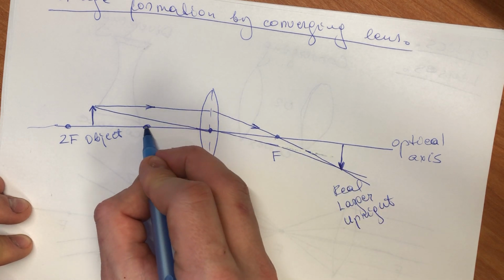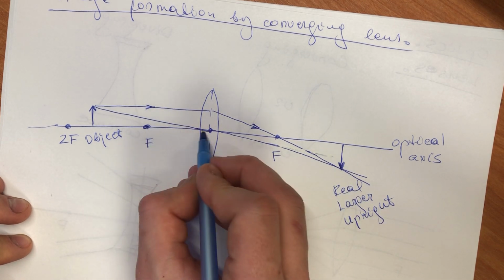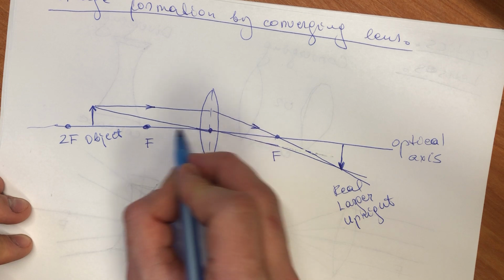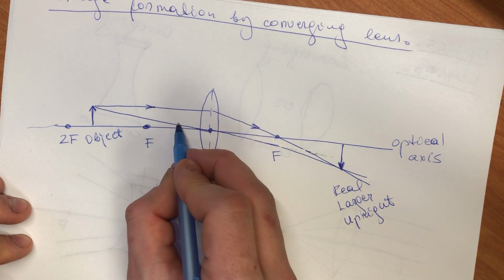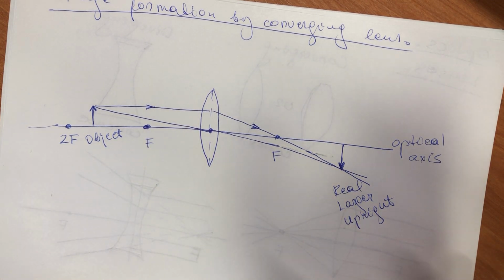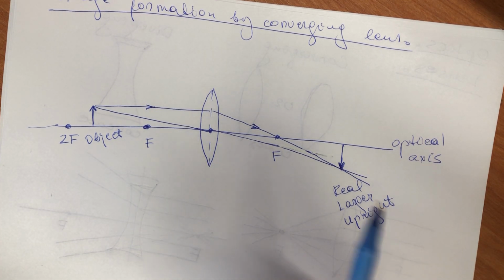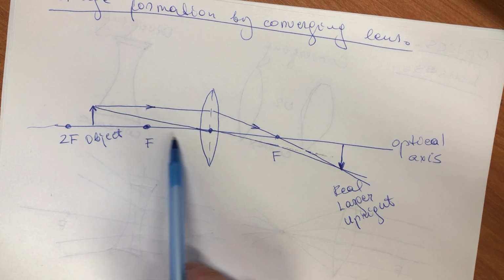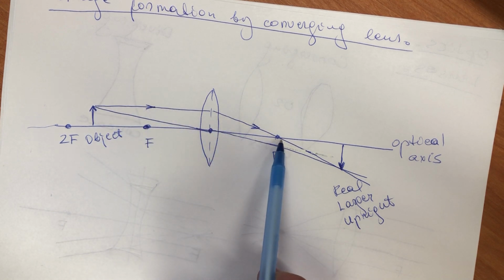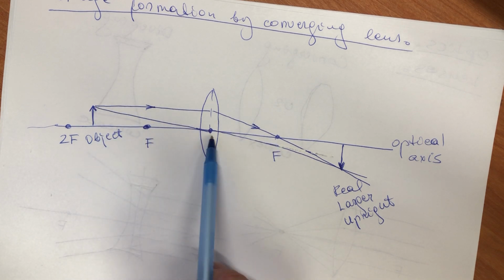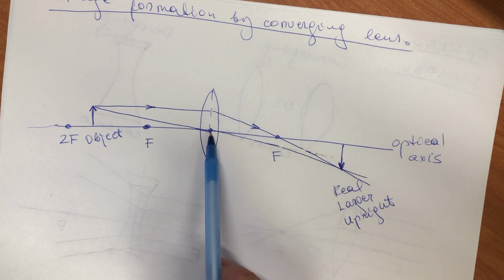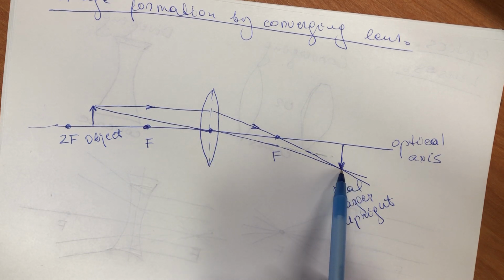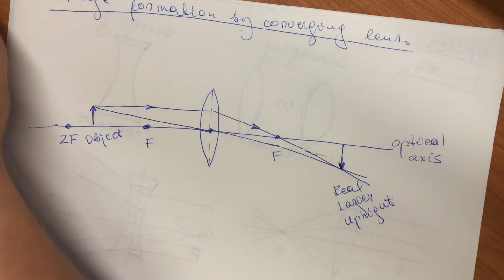If it's put at f, different result again, and if it's put between the lens and f, then another result. So there are possible 8 cases, but we are not going to look at all of them. But here it is important that the light ray that is parallel with the optical axis is bent and goes through the focal point. The light ray that goes through the optical center of the lens goes unbent, and here they converge to form an image.